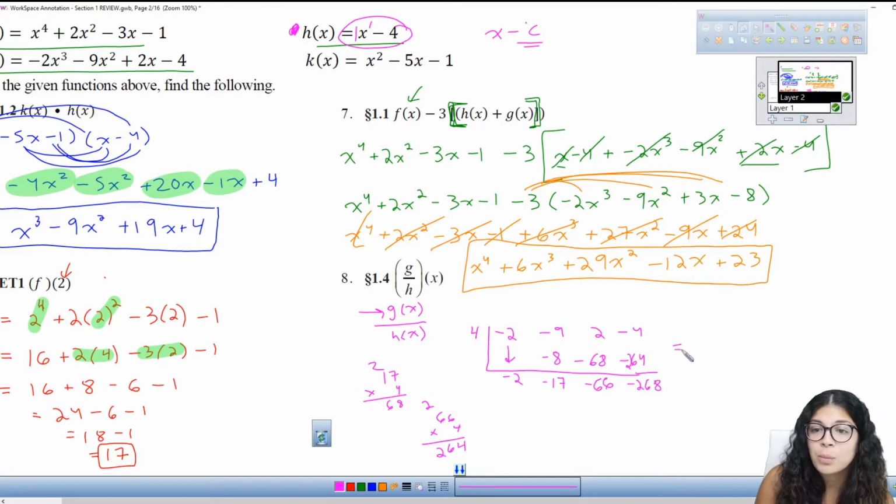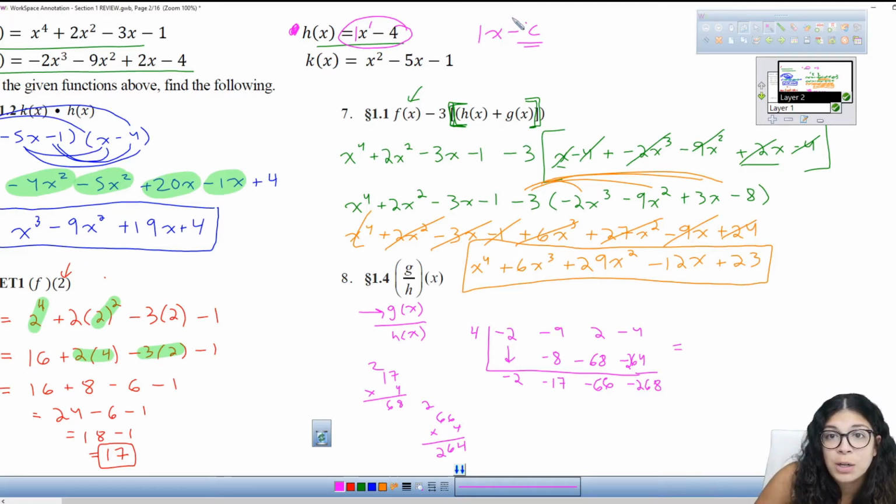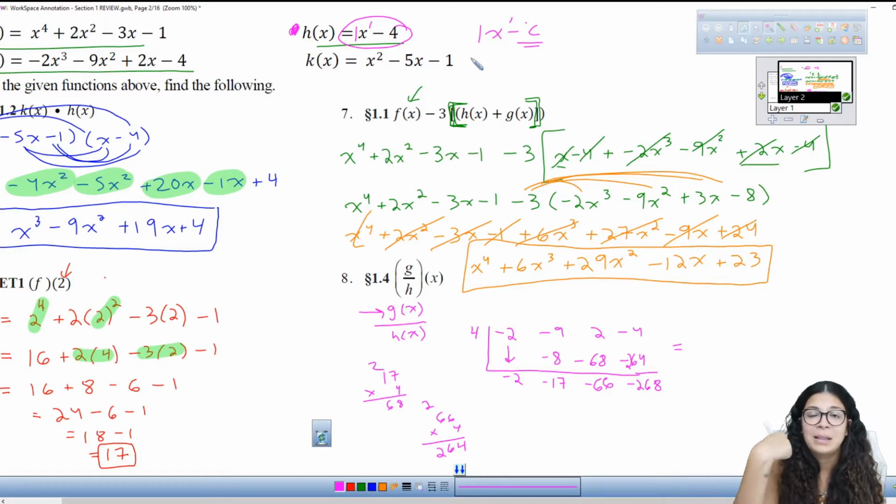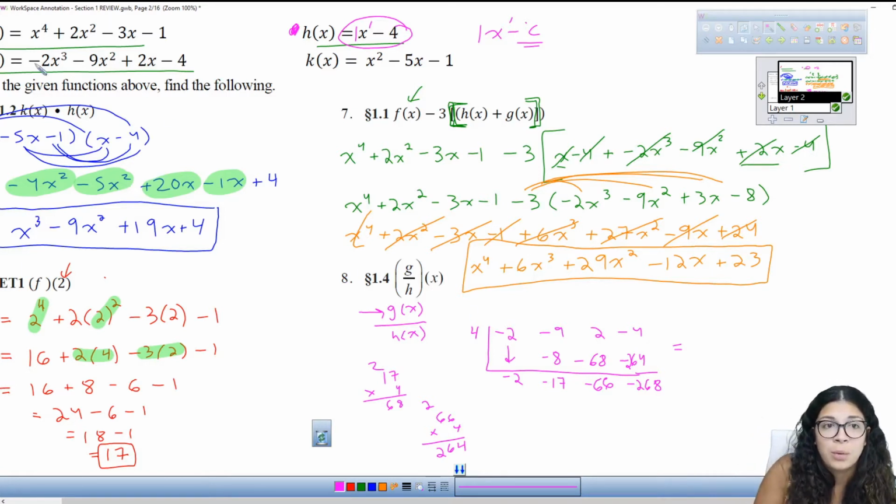So our result, remember, when we are doing synthetic division, that is only allowed to be done when your coefficient is 1 and your power is 1. So you're always doing synthetic division when you're dividing by 1 copy of x. And if you're dividing by 1 copy of x, that means that the result will always be 1 power of x less than what you started with. So if you started with this and you divided by 1 copy of x, your new result will start at x to the power of 2.